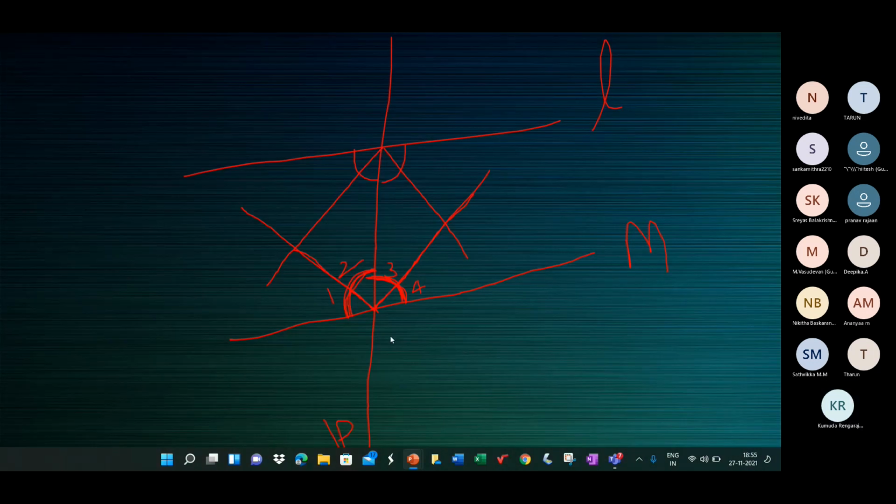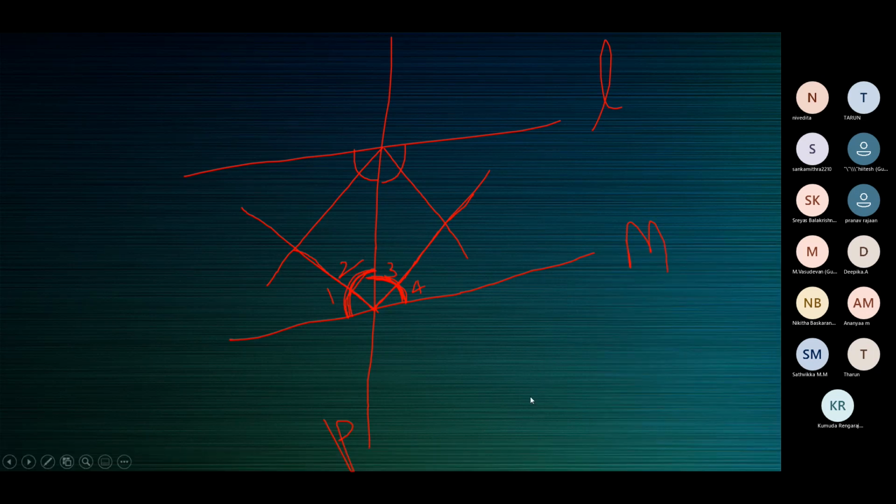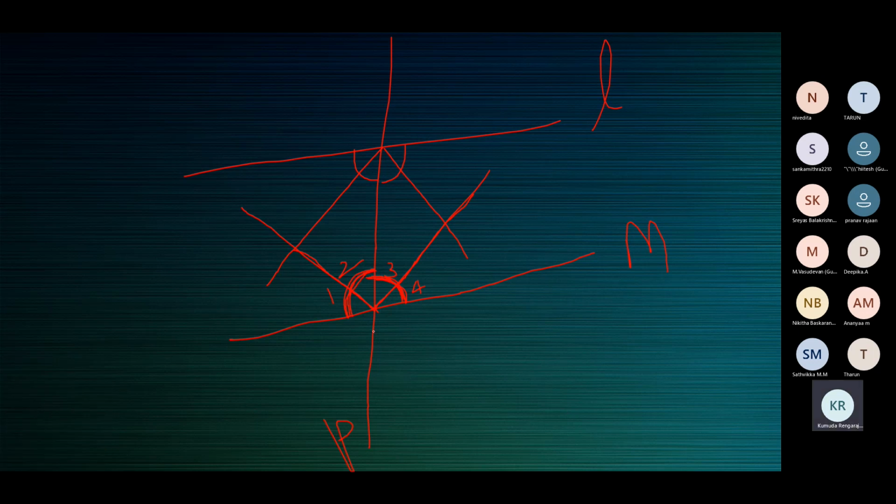So remember that angle 1 is equal to angle 2 and angle 3 is equal to angle 4.